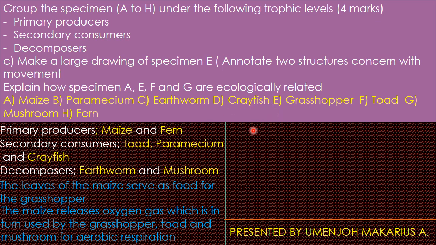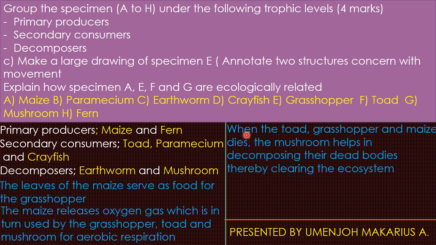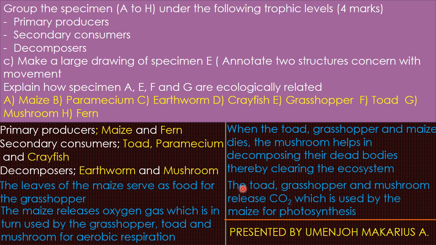Then friends, the third point, we are going to say that when the toad, grasshopper, and maize die, the mushroom helps in decomposing their dead bodies, thereby clearing the ecosystem. Good. So this is also a good point to give. Then friends, the last point, we are simply going to say that the toad, grasshopper, and mushroom release carbon dioxide, which is used by the maize for photosynthesis.